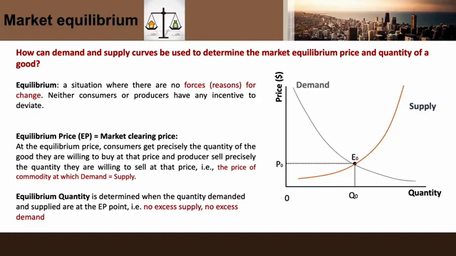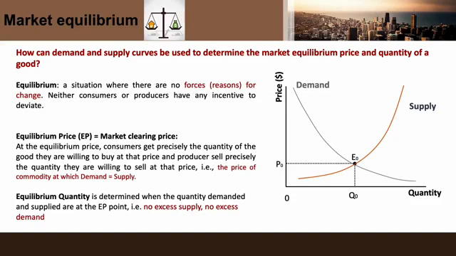When we are talking about equilibrium price, it is the price at which the market clears and demand meets supply. At equilibrium price, the consumer gets precisely the quantity of the good they are willing to buy at the price they are willing to pay, and the producer or the seller gets precisely the quantity they are willing to sell at the price they want to sell.